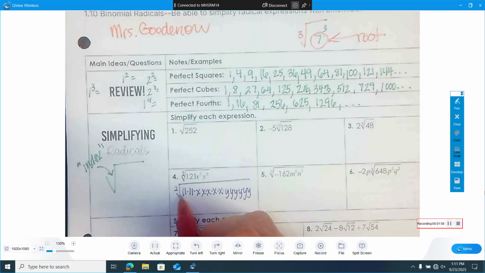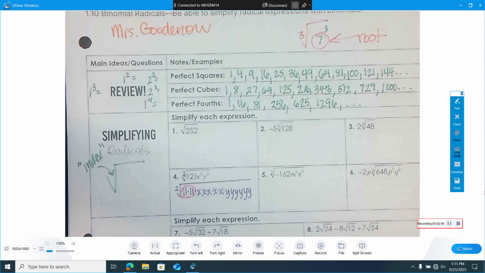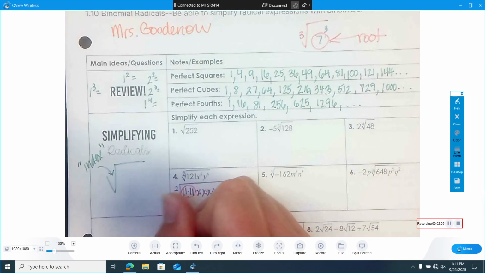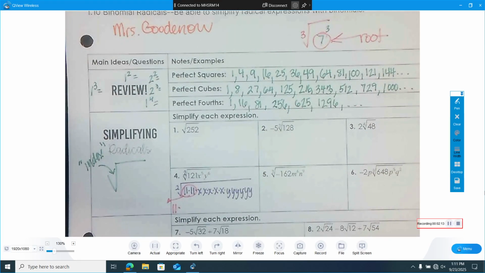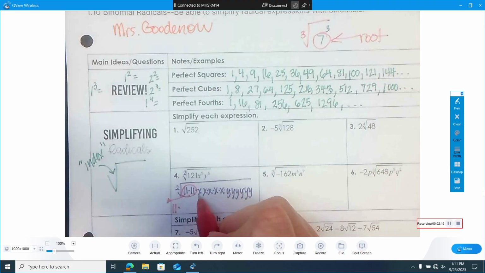And so what I'm looking for here is anytime I have a group of 2, because my index is 2. If I have a pair, if I have a group of 2, I have 2 11s there, one representative escapes the radical. Okay? Now, when I look at the x's, here's a group of 2.